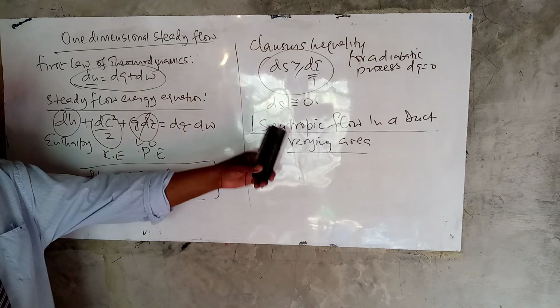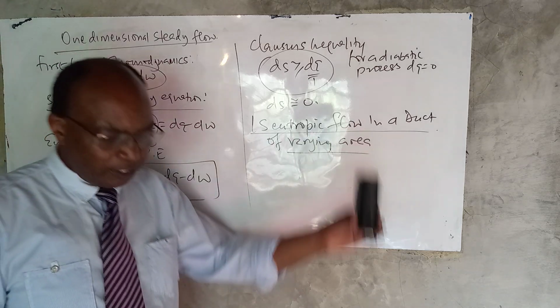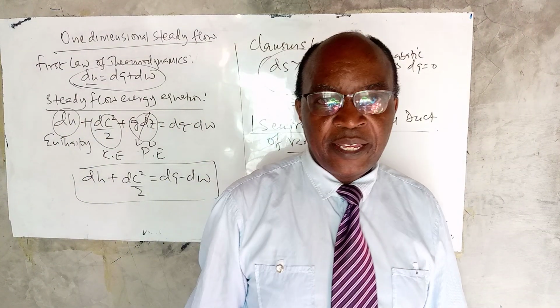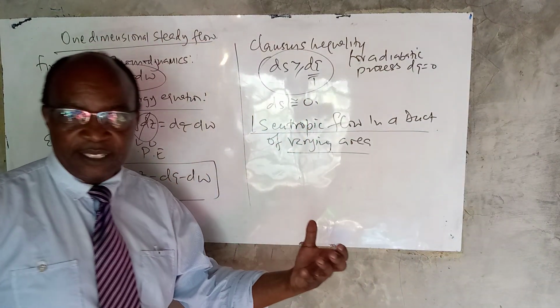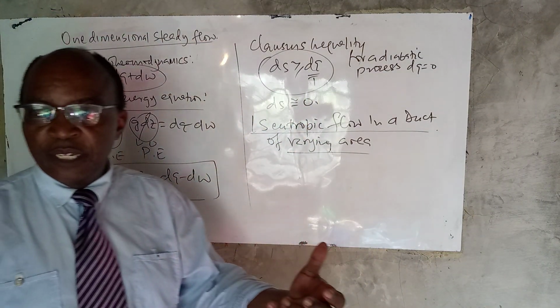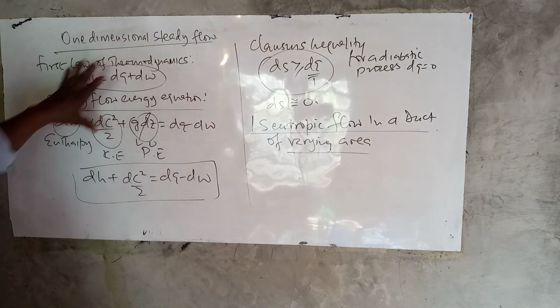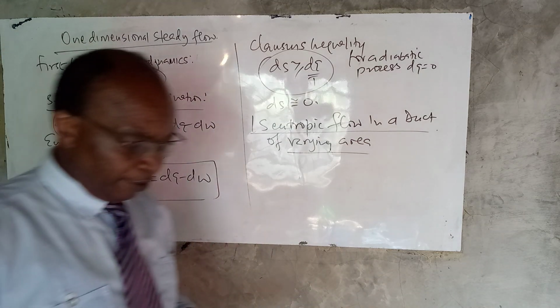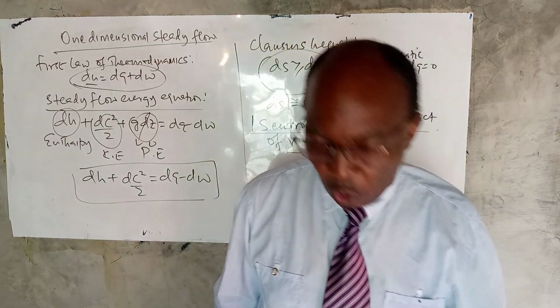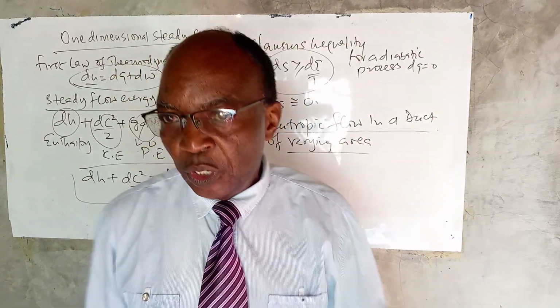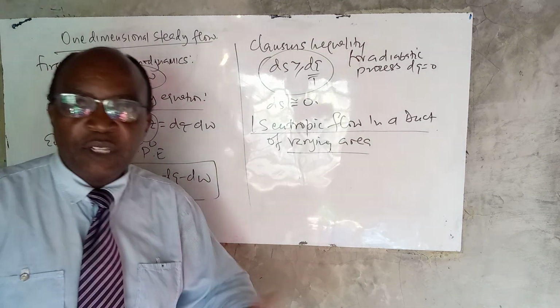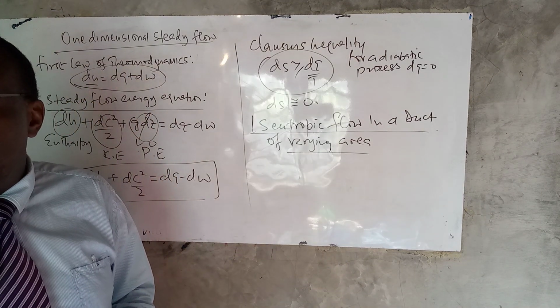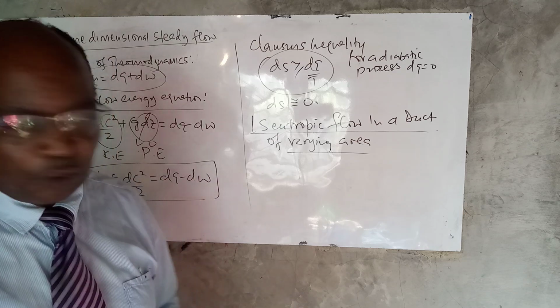Remember when we derived these expressions for the steady flow energy equations, we did not talk about whether there was friction involved during the flow, or variations in cross-sectional area.